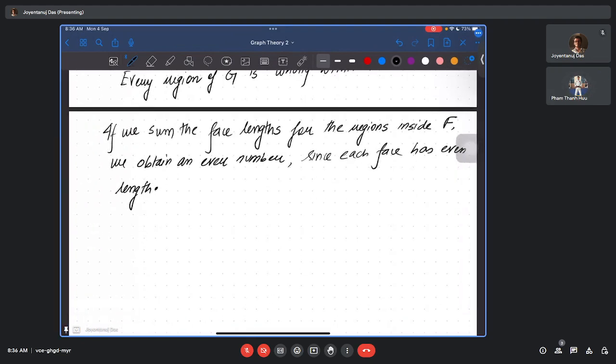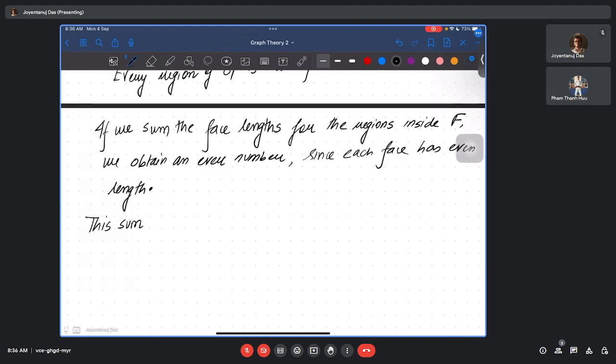Now, what does this sum count? This sum counts each edge of the cycle once, right? Because we are counting the face lengths. So this sum counts each edge of C once.